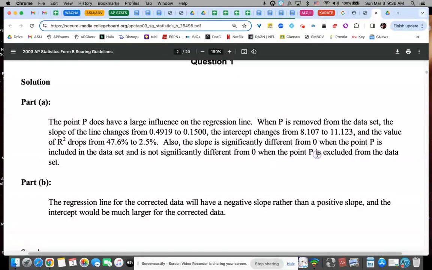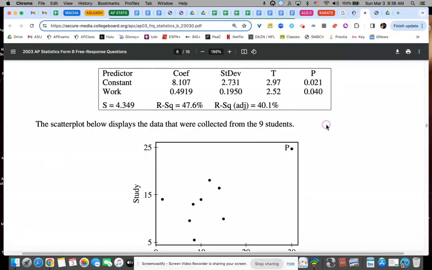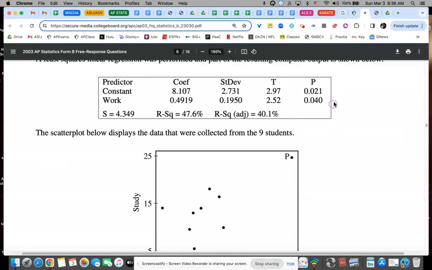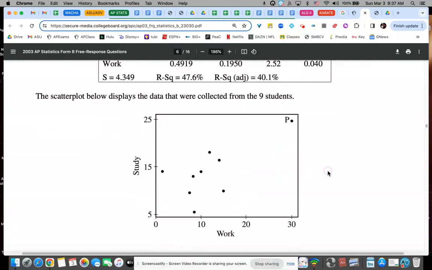The last one they talk about is the significance, which we haven't done inference yet, so don't worry about it. But what they're talking about is this used to be 0.04. When you're doing a test, that means this p-value is low, which means I have evidence to suggest the slope is not zero, that there really is an association going on between work hours and study hours.